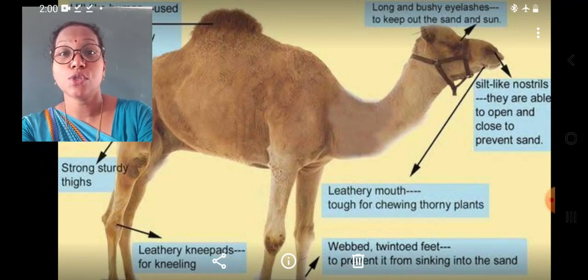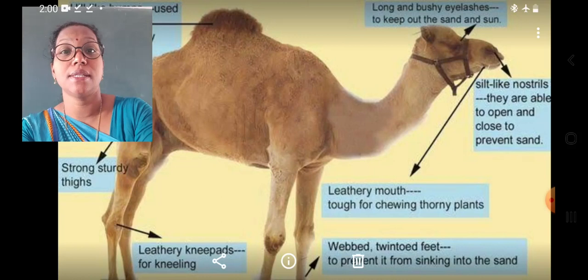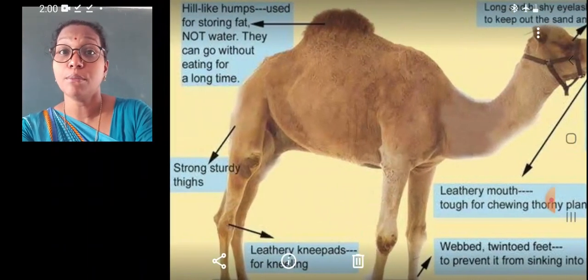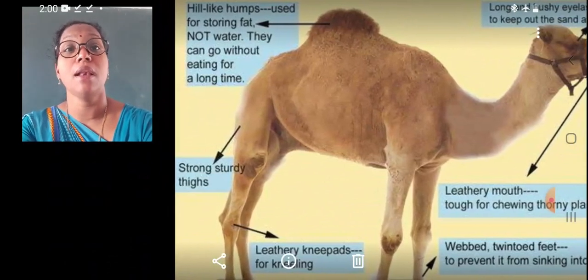And the strong sturdy thighs are very helpful to move long distances in the desert. The humps are the structures present at the back of the camel that store fat.